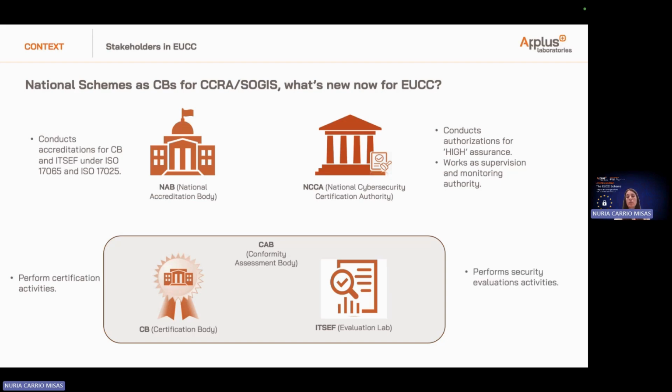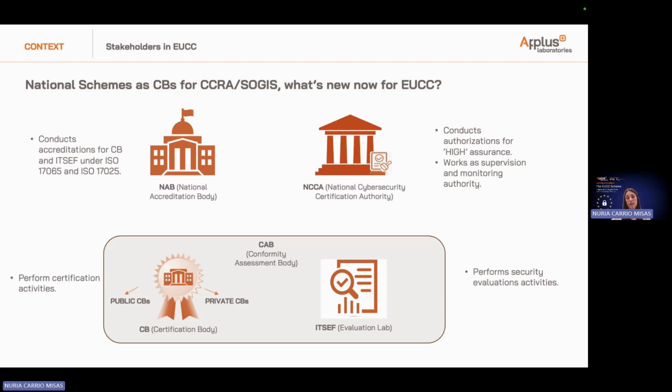And the ITSEF also performs the evaluation activities, and there is not much change here. There is a slight change on the conditions to become a certification body, because in the former schemes, in the SOG-IS CCRA scheme, we had only public CVs, but now it is possible to have private CVs.